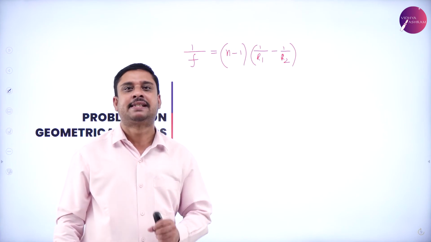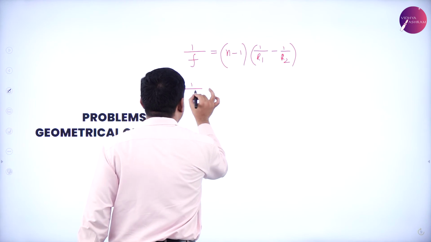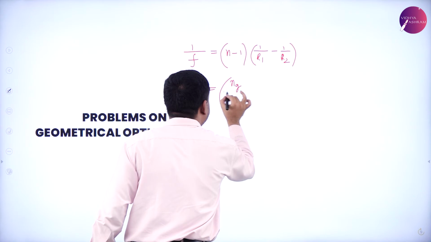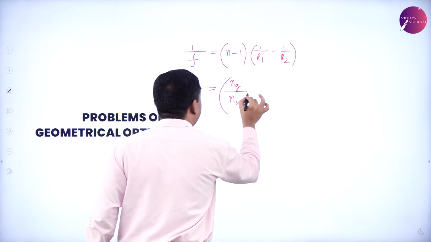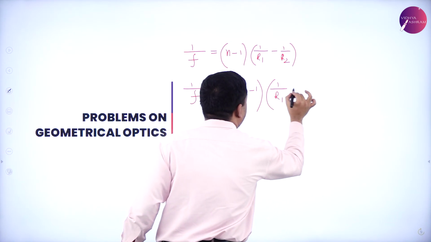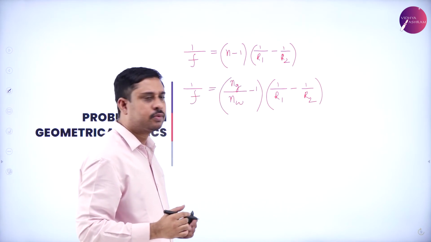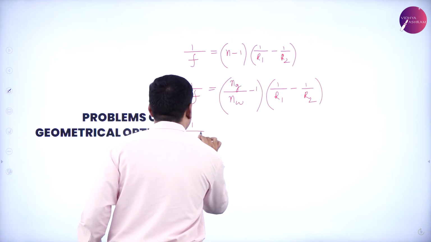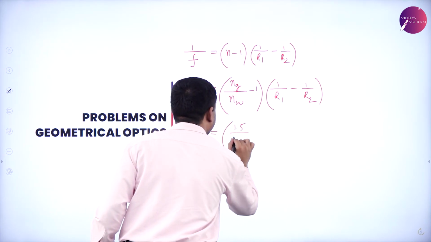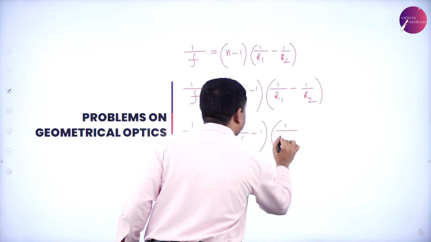So 1 by F is (Ng by Nw minus 1) into (1 by R1 minus 1 by R2), or 1 by F is equal to (1.5 by 1.6 minus 1) into (1 by 0.1 plus 1 by 0.1).